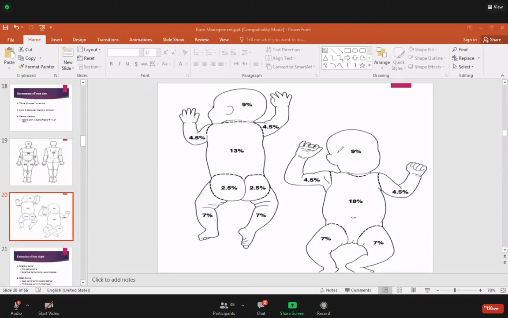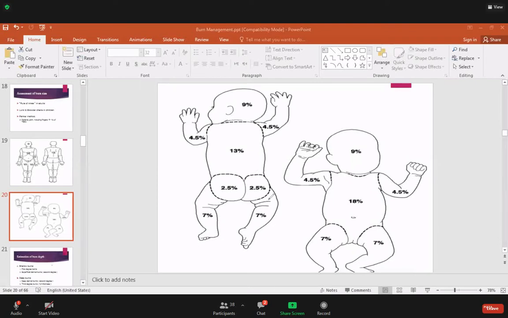So in children, the things that are different are in the head and neck region, and comparatively the abdomen and the back of the body are slightly different as compared to the adults. So this is the Lund and Browder's chart that we use for the pediatric population, and this rule of 9 is generally used for the adults.